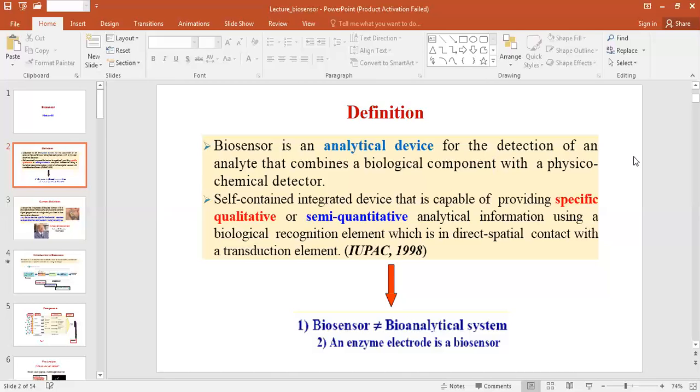The applications of these biosensors mainly include checking of ecological pollution, control in the agriculture field, as well as in food industries and diagnostic laboratories. And the main features of biosensors are stability, cost, sensitivity, and reproducibility.